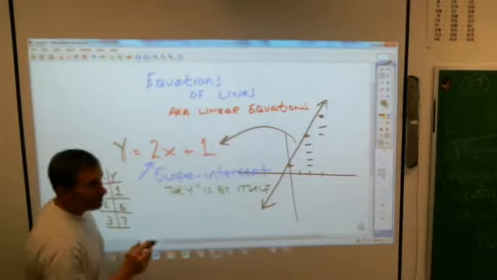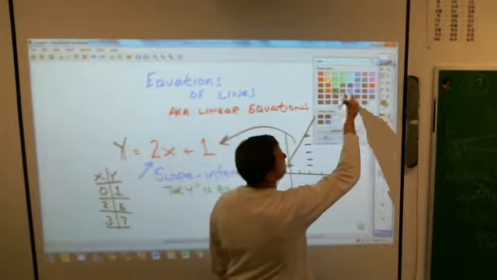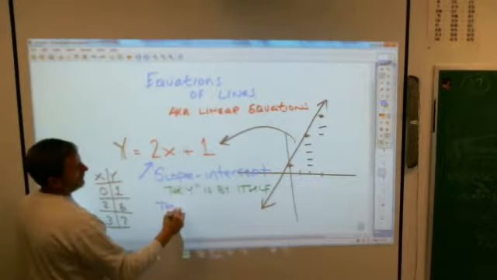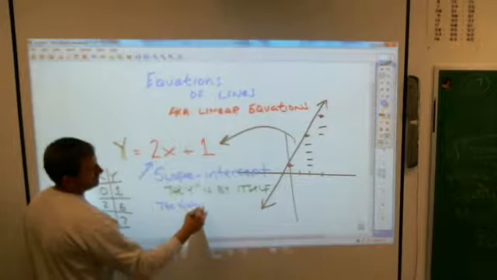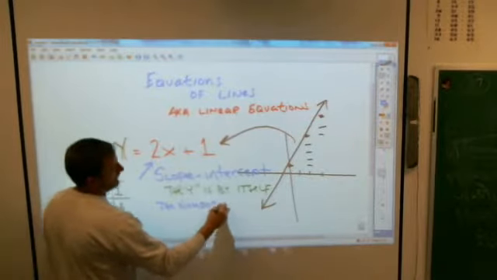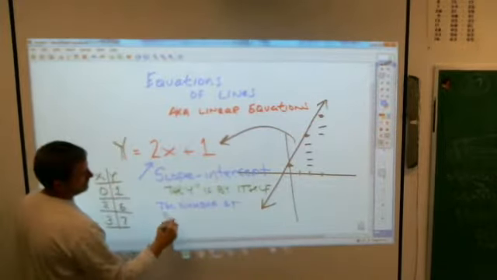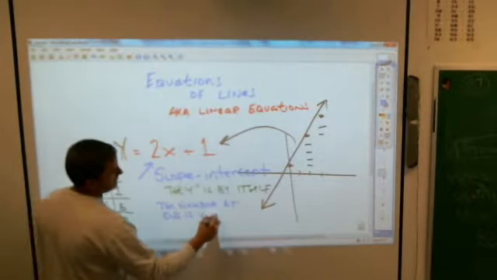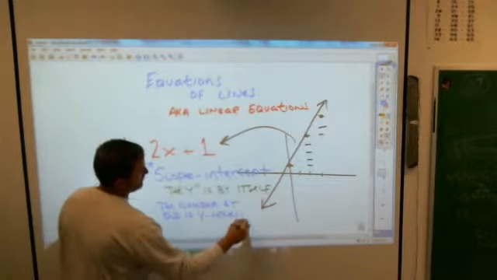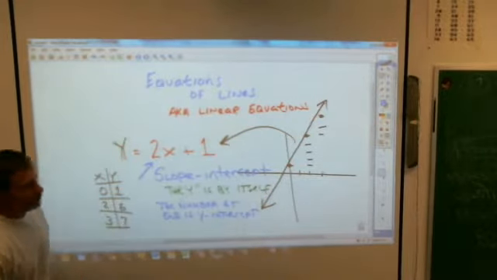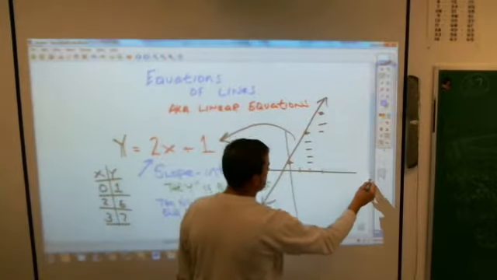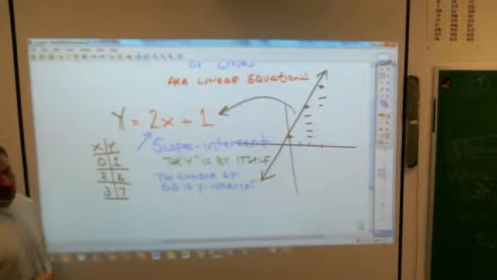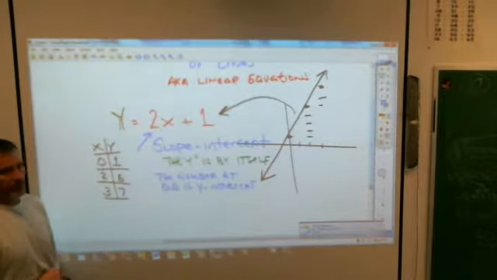Now, the reason it is called that is because the number at the end is the y-intercept. In case you don't know what y-intercept is, what does it mean to intercept something? If, heaven forbid, North Korea would send some sort of missile our way, we would want to intercept it because we don't want it to reach us.